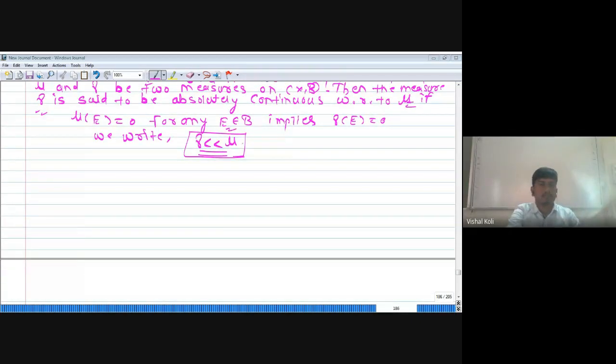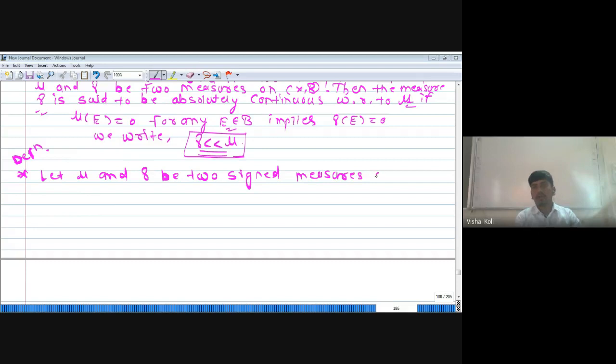Now, next definition. Let mu and gamma be two signed measures on the measurable space (X, B).